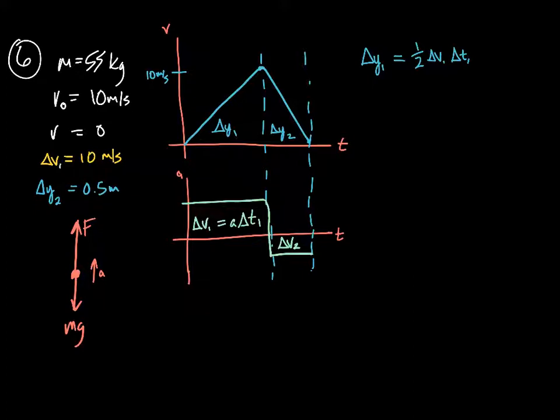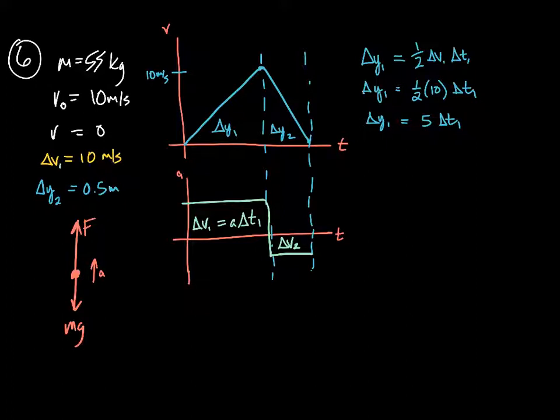We would have to know what delta t1 would be, but I do know that it's going to be 1/2 of 10 times this delta t1. So it's going to be 5 delta t1. So I'll have to wait and see what happens with delta t1.